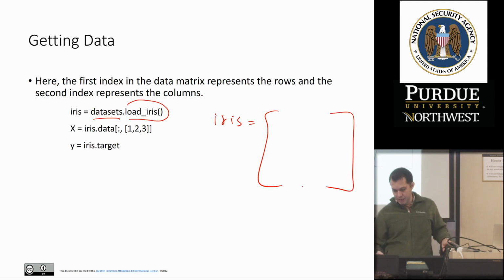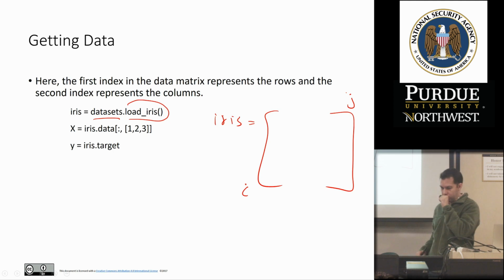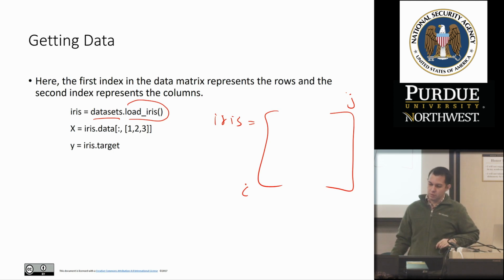Now, the matrix has index i and index j, all right? And we can use those to extract the data, to slice it out. So if you notice here, the datasets actually divide the data into various things.